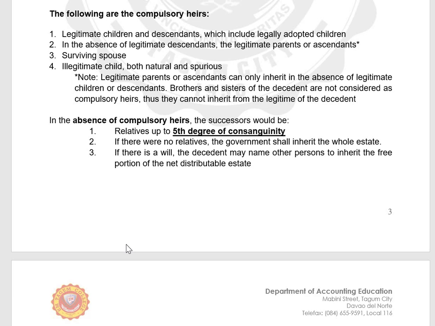So, later on, we'll discuss how to determine, no, yung degree of consanguinity. And then, if there were no relatives, the government shall inherit the whole estate. And if there is a will, the decedent may name other persons to inherit the free portion of the net distributable estate. Yan. So, meaning kung walang compulsory heirs, the rest are free portion. Okay?